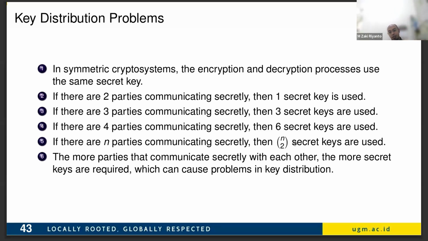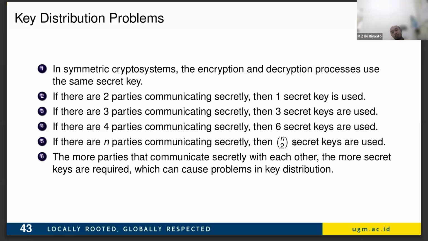Now, if we use the symmetric vector system, we have these problems. In a symmetric vector system, the encryption and the decryption use the same secret key.